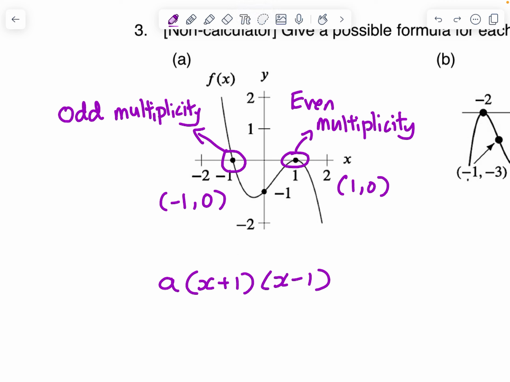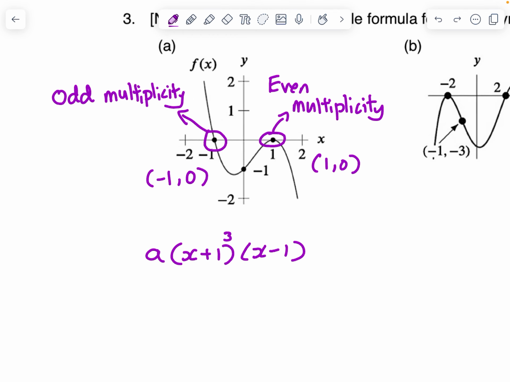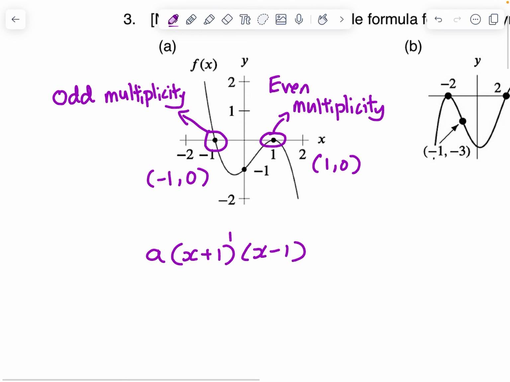But we know that this is definitely going to be 1, because when it is 3, instead of just going through like that, the graph will touch the axis but look something like this. It's an odd function. But in this case, we don't see that kind of S shape here. So we know that this has to be 1.